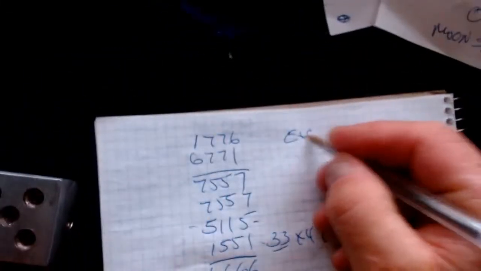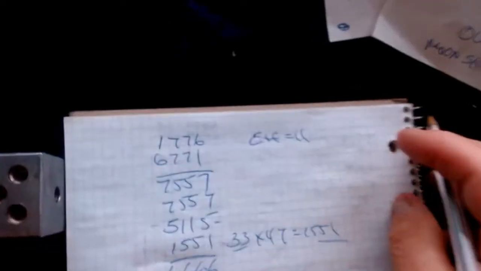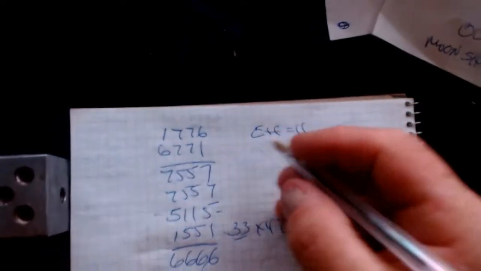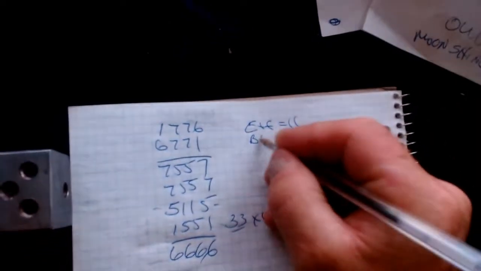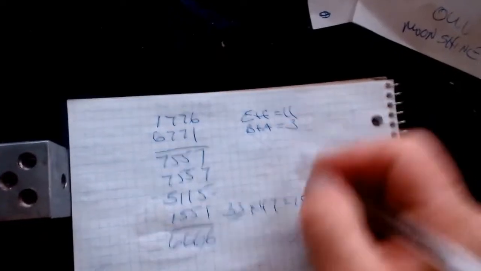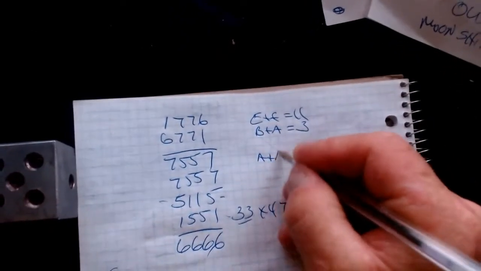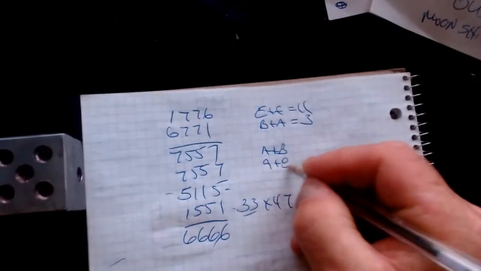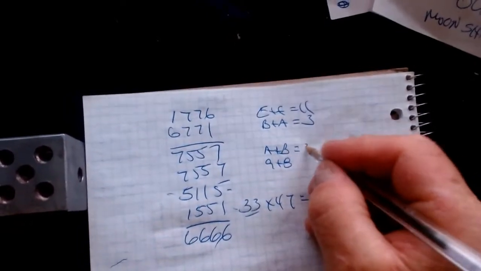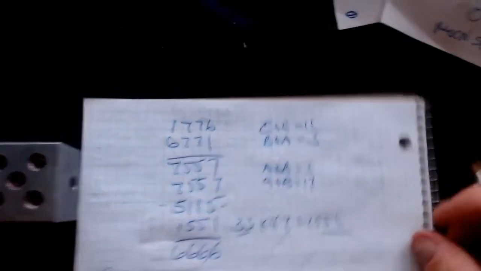Let me just show you this. We were E and F equals 11, right? Weak stemmed out through B and A equaling 3. Now we get thrown into where A and B equals 9 and 8 equals 3, which is now 17.